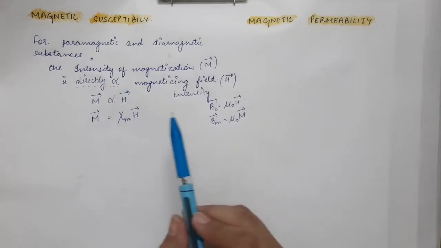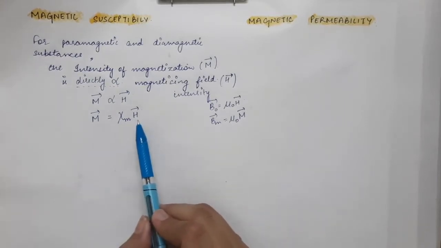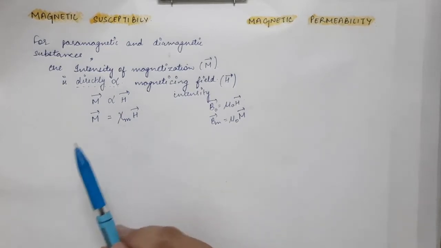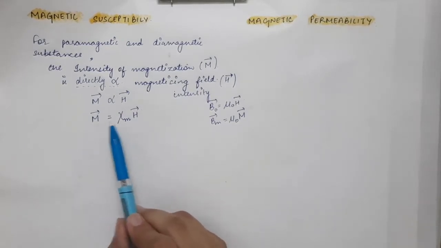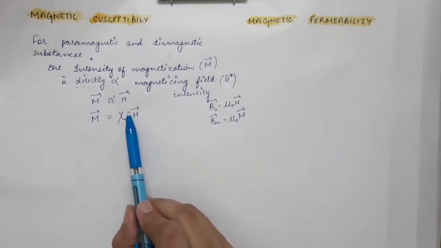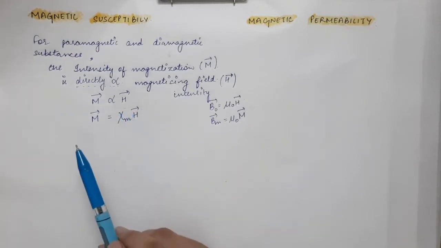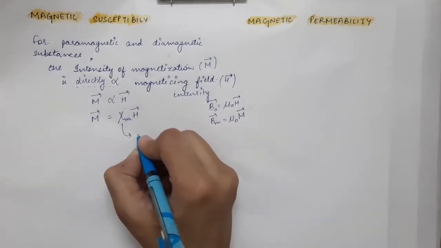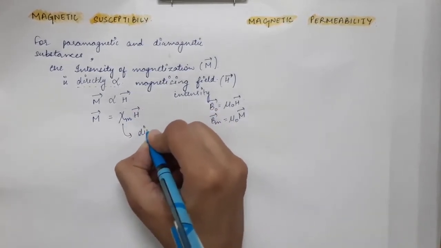Now as M vector and H vector have the same units, as I said on the previous page, this susceptibility will be dimensionless.